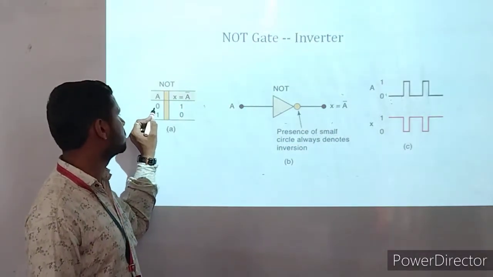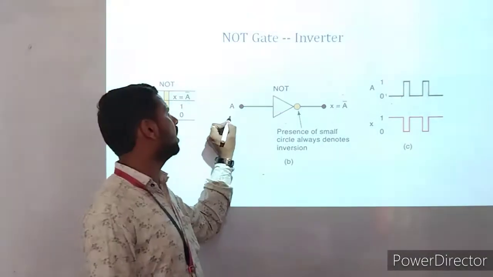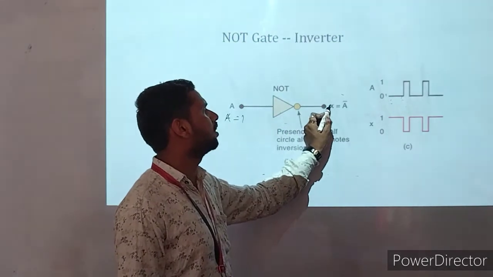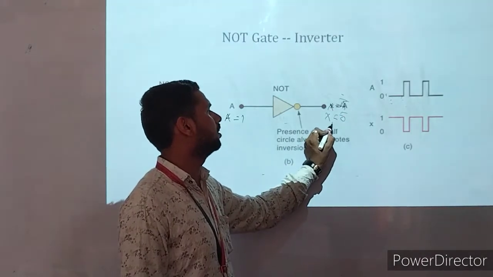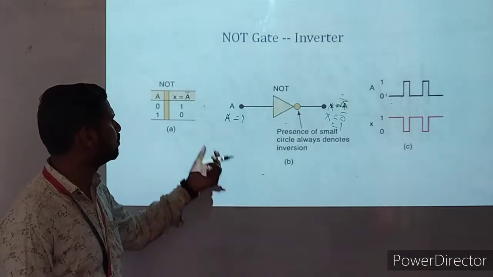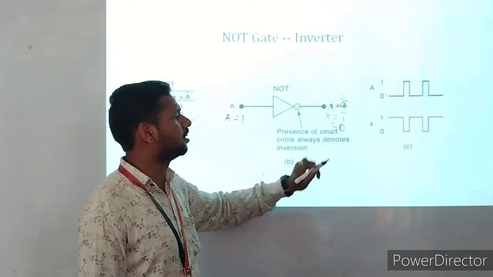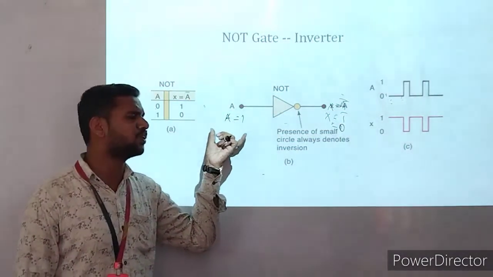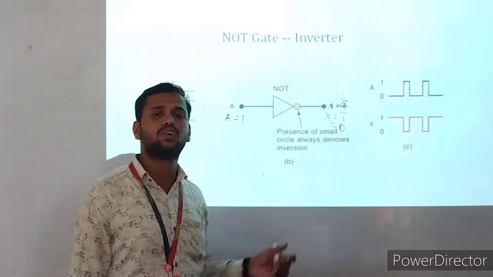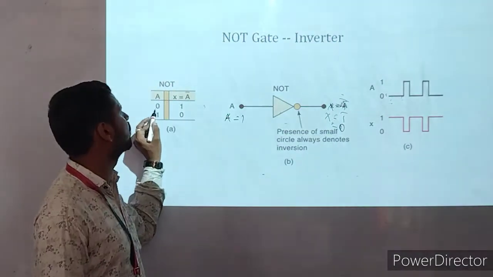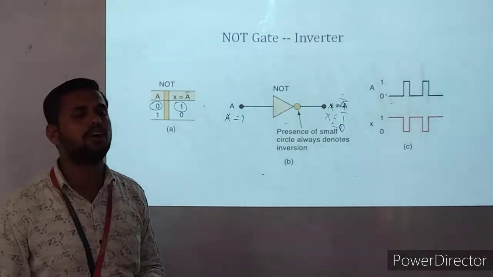The NOT gate truth table shows the possibilities of input. If A is equal to 1, the output X is equal to A complement, meaning X is equal to 1 complement, which is 0. So when A is 1, the NOT gate output is the opposite, or complement, of A, which is 0. The other possibility is A equal to 0, and then the output will be the opposite, 1 or high.